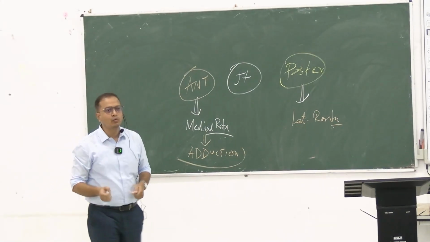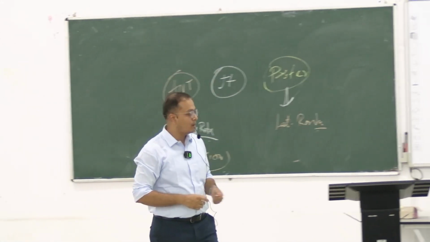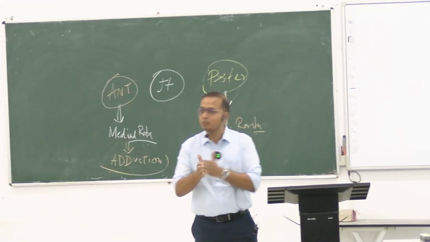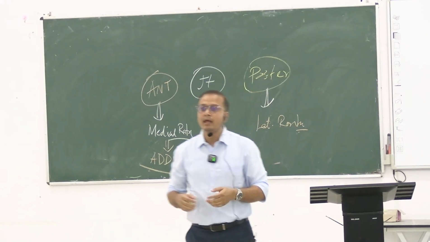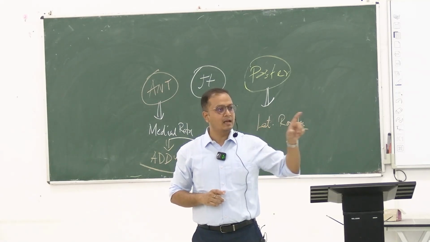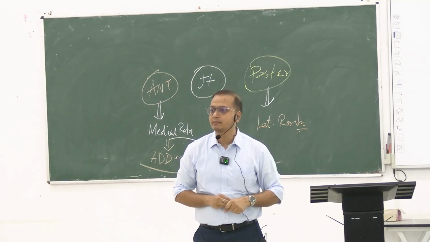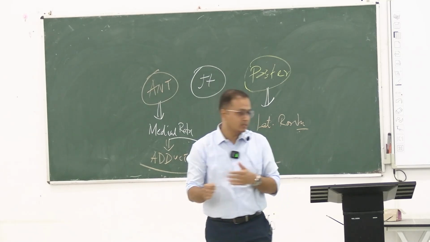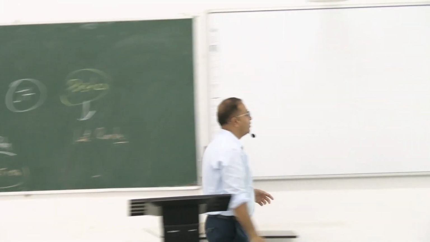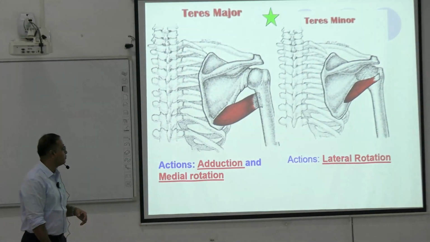So this is a simple rule you can add on about the muscle's movement, whether it is anterior or posterior. If it is a medial rotator, either it will be directly assisting or doing this adduction. Clear? So this is how we solve the puzzle, how the muscles are ending and how those muscles are working.